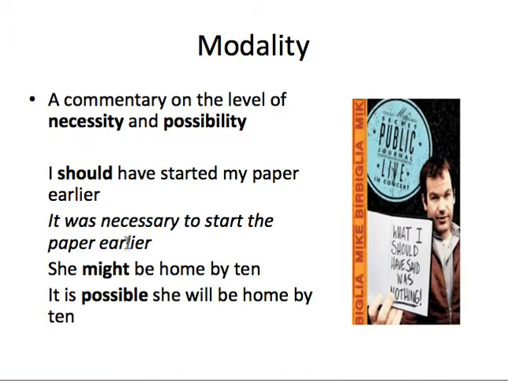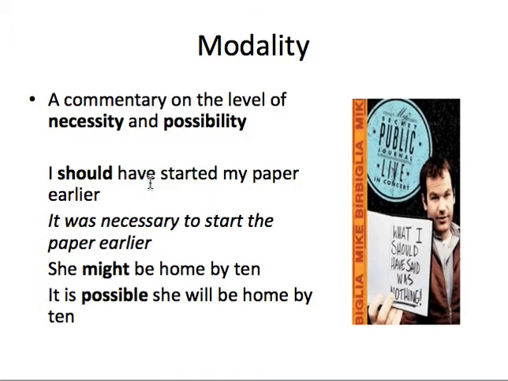So if we say something, and we usually say something like this, oh gee, I should have started my paper earlier. Well, we're making a comment on the necessity of the fact that we should have started it earlier. We probably did start it, but we started it late. So we're making a comment about the time that we did start.